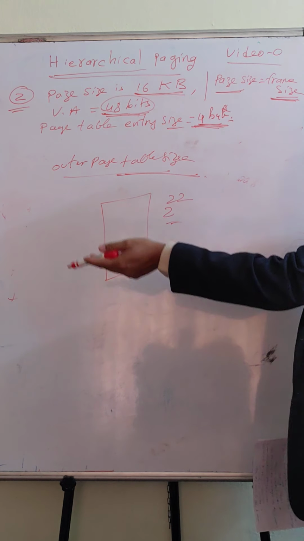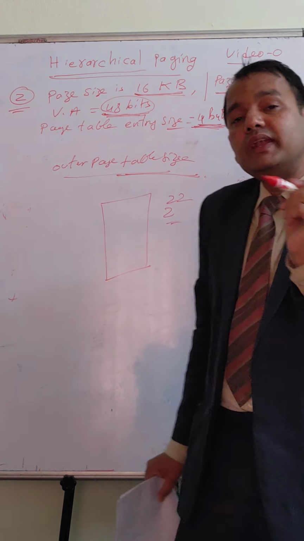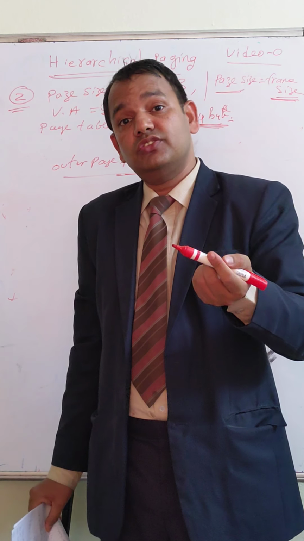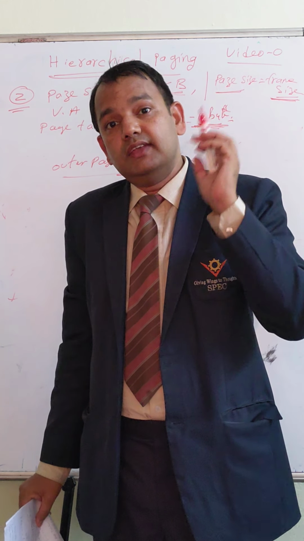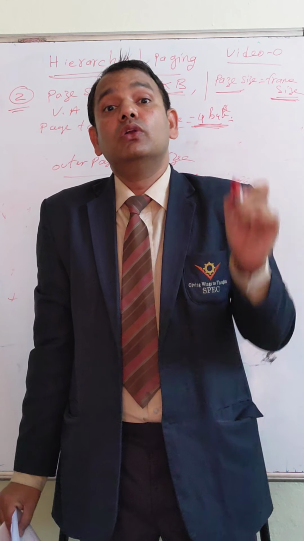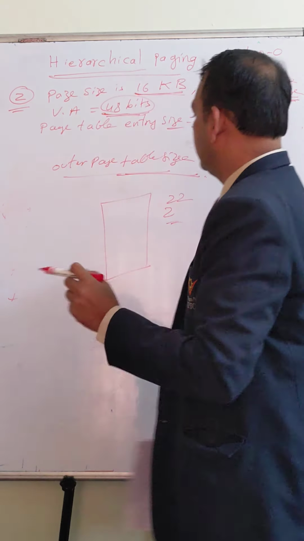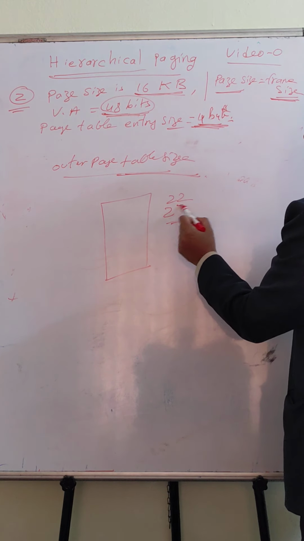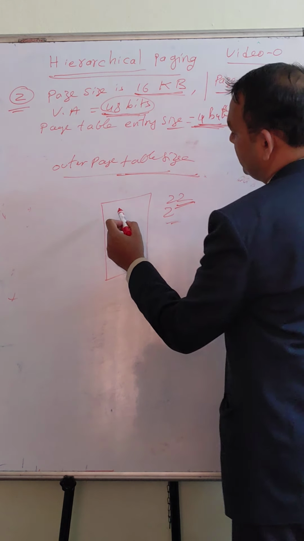Just now we have seen the previous diagram. Inner page table size is 64 GB. That is divided into a number of pages. How many pages? 2 power 22 pages. Those 2 power 22 pages we are storing in the outer page table.